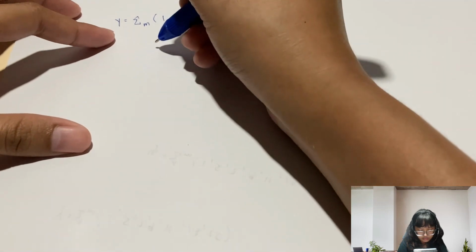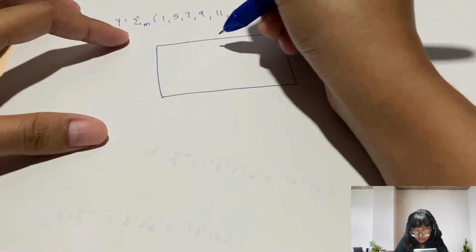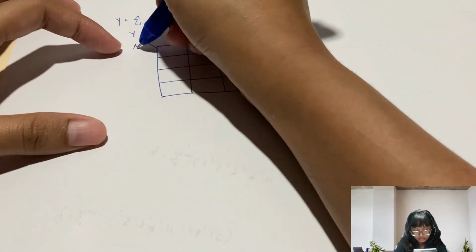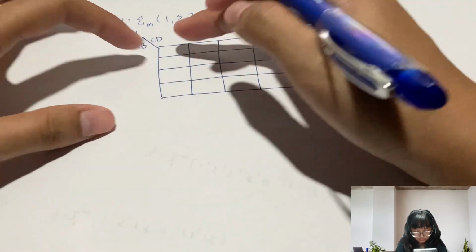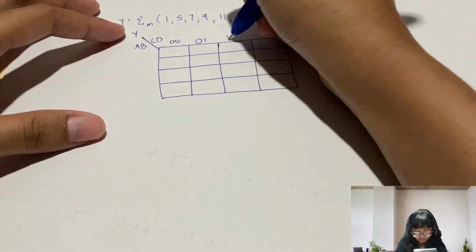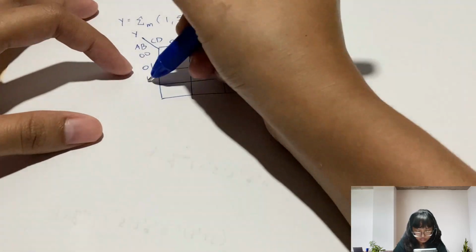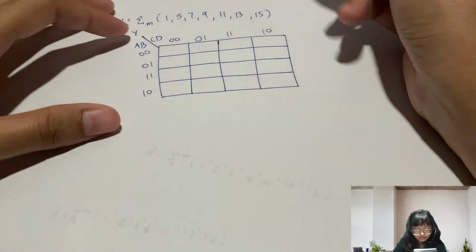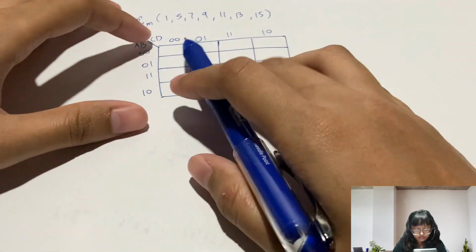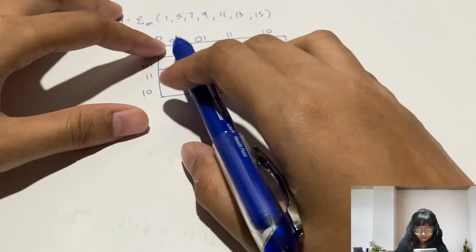So, kailangan muna natin mag-drawing ng table with 4 columns and 4 rows. Sa columns, kailangan natin ilagay itong mga numbers: 0, 0, 0, 1, 1, 1, 1, 0. Ganon din dito sa rows. So, mahalaga yung pagkakasunod-sunod neto kasi masisira yung buong K-map nyo.